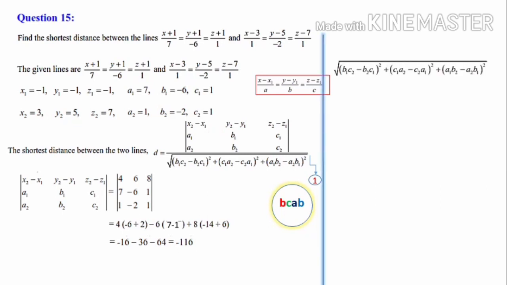Then we will go for the denominator calculation. Root of (b1 c2 minus b2 c1) the whole square, (c1 a2 minus c2 a1) the whole square, (a1 b2 minus a2 b1) the whole square.